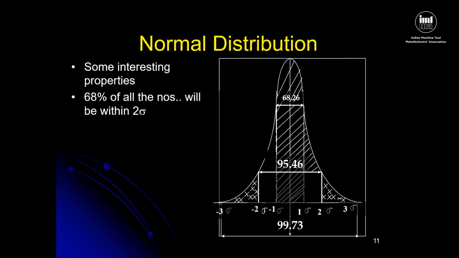And we find that the area under this graph, if you take 1 standard deviation, which is here, is around 68%. That means 68% of the time, Mr. Sachin Tendulkar, based on his past history, scored within his mean plus minus 1 standard deviation.